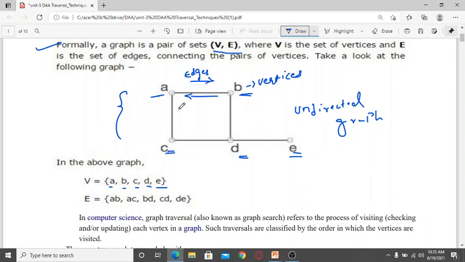Edges are also 5, but we need to give the names: from A to B, from A to C, from B to D, from C to D, from D to E. So when we write the vertices and edges here, this is your graph.